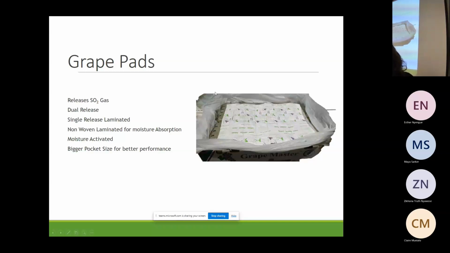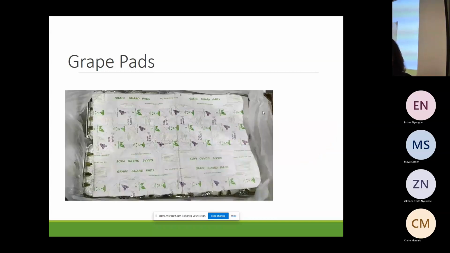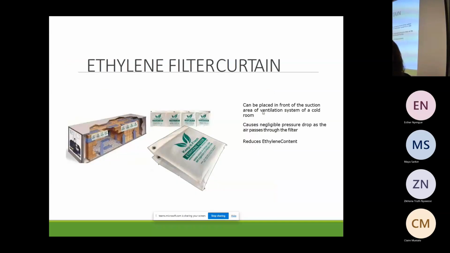So I tend to see that they are used mainly probably in crates that are a little bit bigger to make sure that the grapes are kept fresh. So you can actually see the grape guards put on top of the boxes.